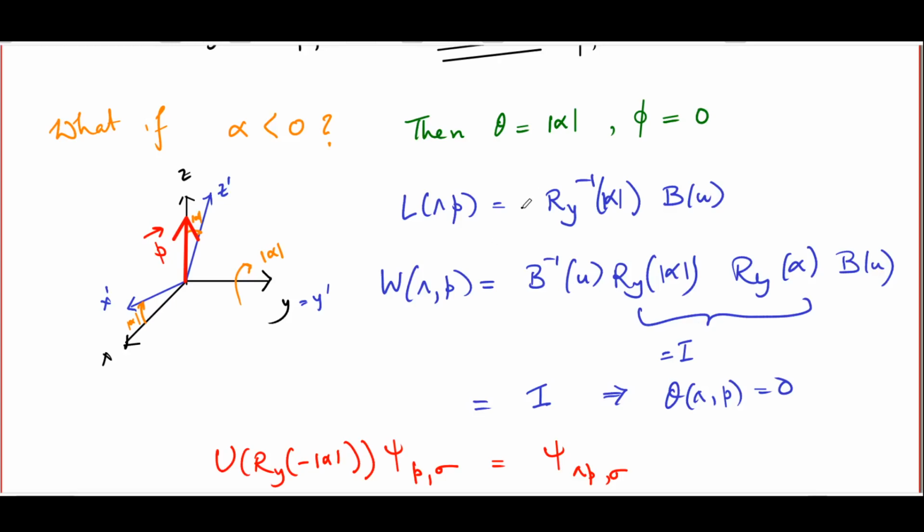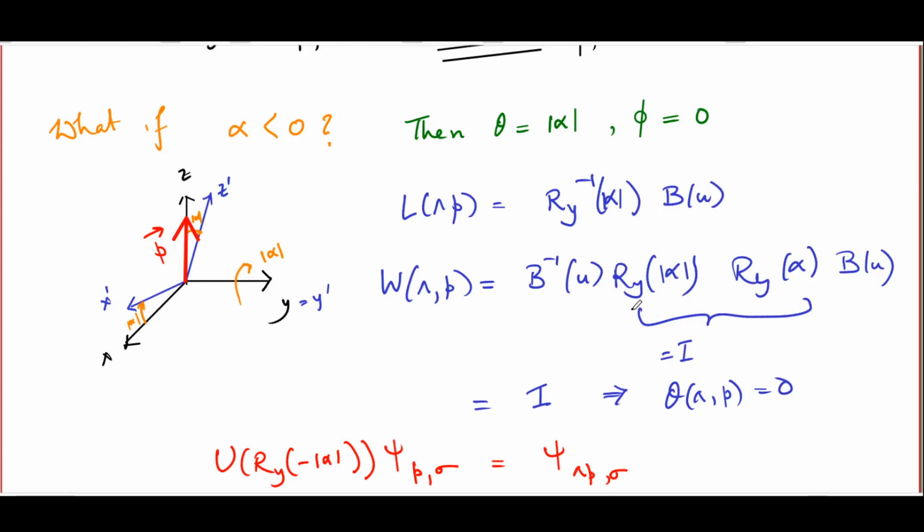There is no term, no rotation about the z-axis simply because phi is 0. Now if we complete the calculation of W lambda p here, we get W lambda p equals inverse of this times Ry alpha times B u. But now inverting this brings B inverse u, Ry mod alpha and Ry alpha, then B u.